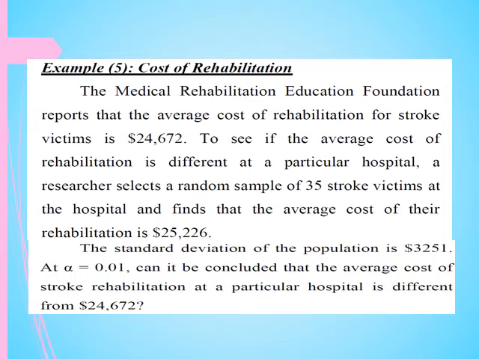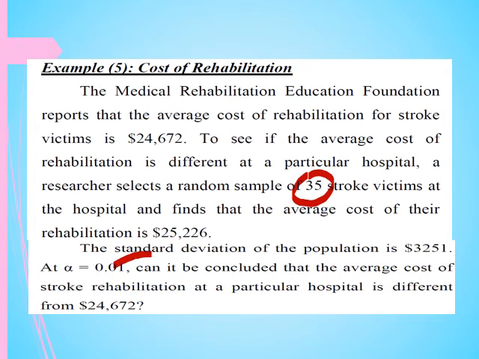Now let's move to the third example, which is the cost of rehabilitation. The Medical Rehabilitation Education Foundation reports that the average cost of rehabilitation for stroke victims is $24,672. To see if the average cost of rehabilitation is different in a particular hospital, a researcher selects a random sample of 35 stroke victims in the hospital and finds that the average cost there is $25,226.